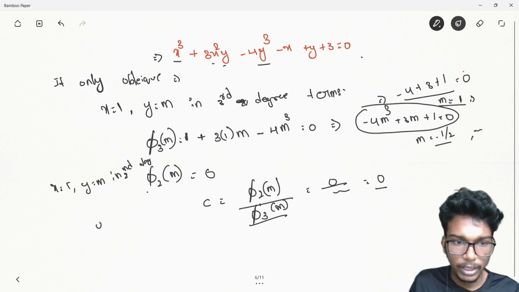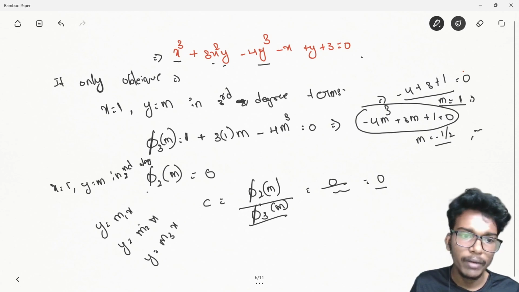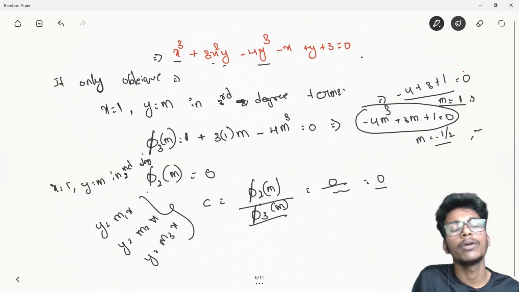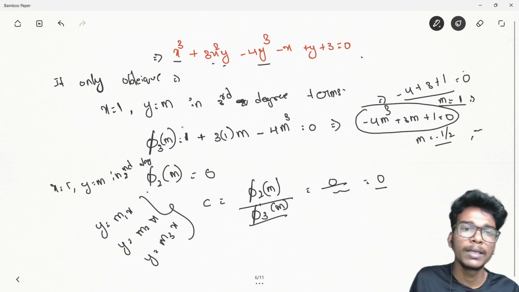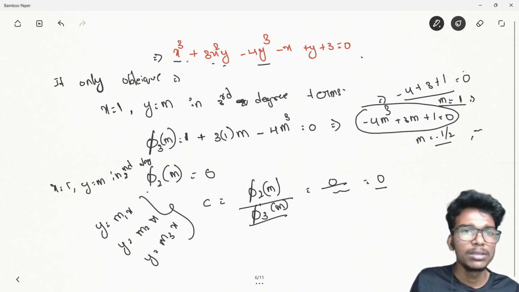We will get y is equal to m1 x, y is equal to m2 x, and y is equal to m3 x, where m1, m2, m3 are the roots of this equation. That's it. We found the three asymptotes of the function. These are the typical questions regarding asymptotes. We can't expect much more than this.